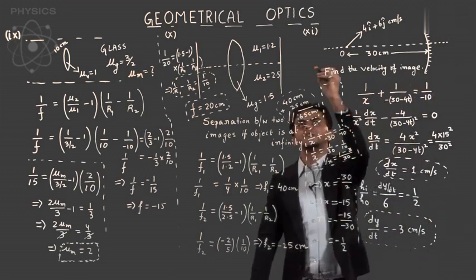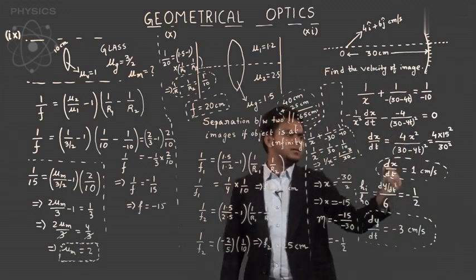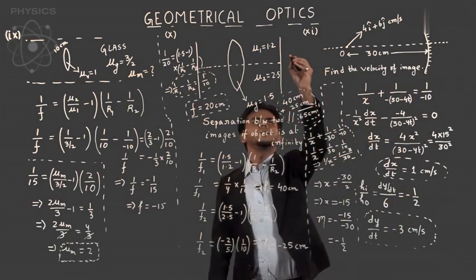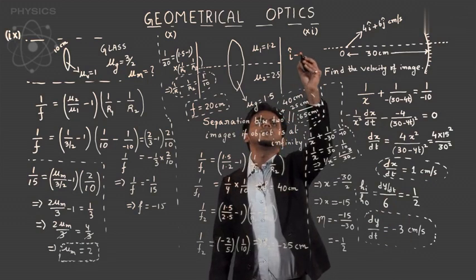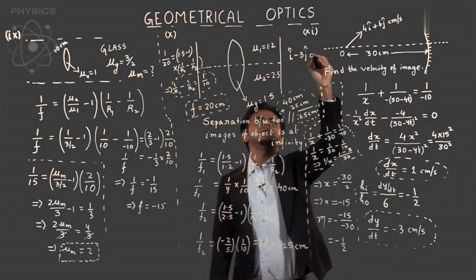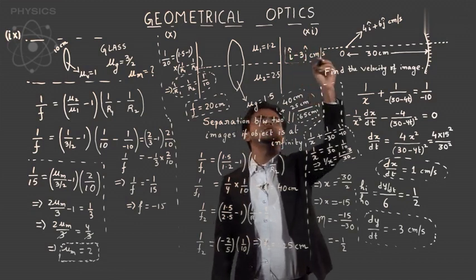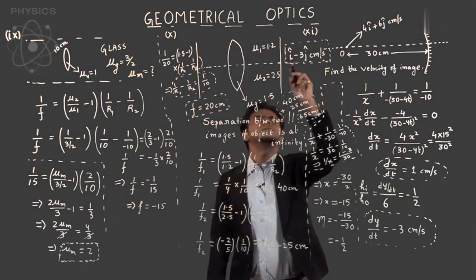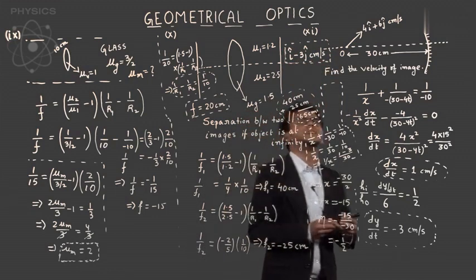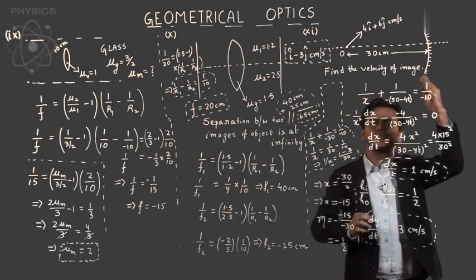So the answer is 1 into i cap and this into j cap, which is minus 3j with proper dimension. So this essentially is your answer: i cap minus 3j cap centimeter per second is the velocity of the image.